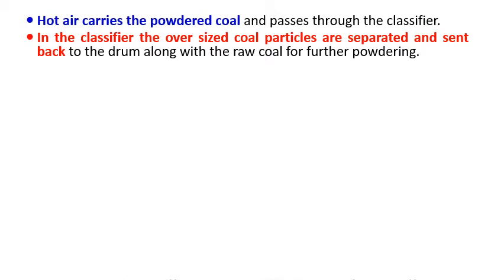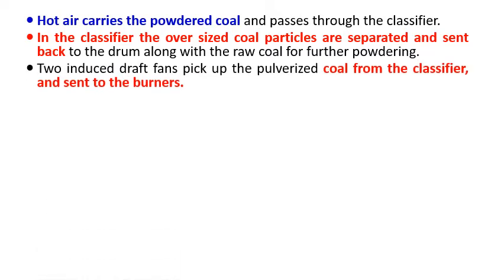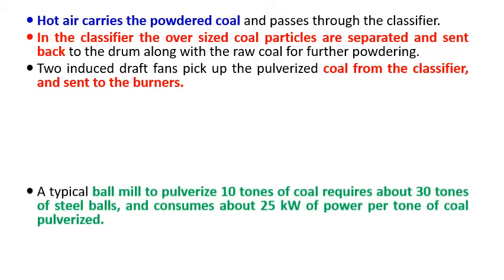In the classifier, the oversized coal particles are separated and sent back to the drum along with the raw coal for further powdering. The two induced draft fans, as we have seen in the figure, pick the pulverized coal from the classifier and send it to the burner.